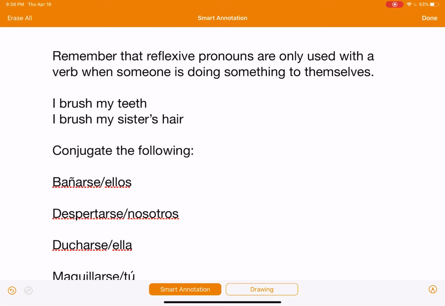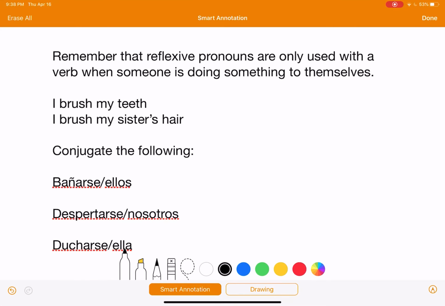Otherwise, if you're doing something to someone else, it is not a reflexive action because you're not doing it to yourself. In these two sentences, I brush my teeth and I brush my sister's hair, which one is the reflexive action? Who is doing the brushing in both of these sentences? I am.